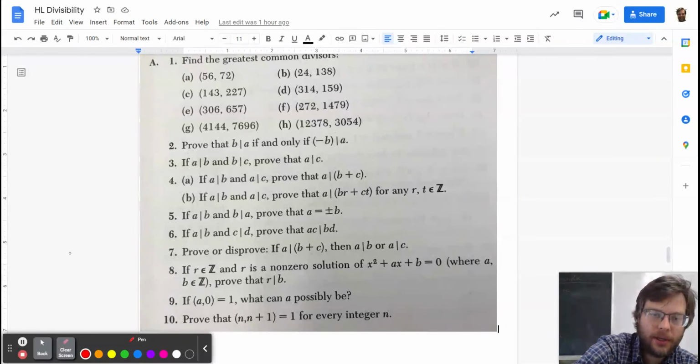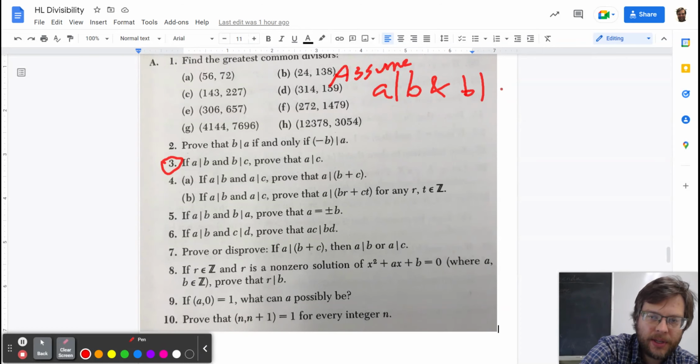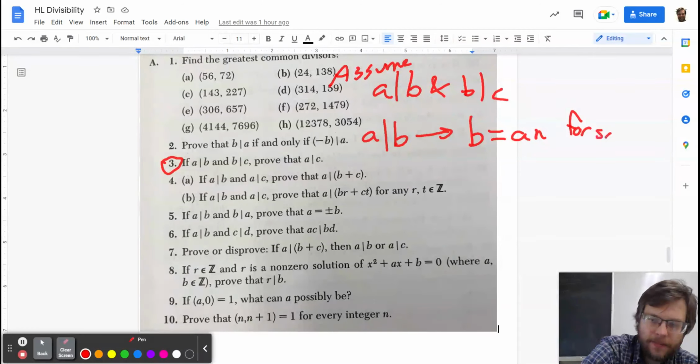So I think a really important one is number 3 right here. If A divides B, so we're going to assume A divides B. I'll just write assume. Assume A divides B and B divides C. And we're going to try to prove that that means that A divides C. And so if A divides B, what that means is that B is equal to AN for some integer n.